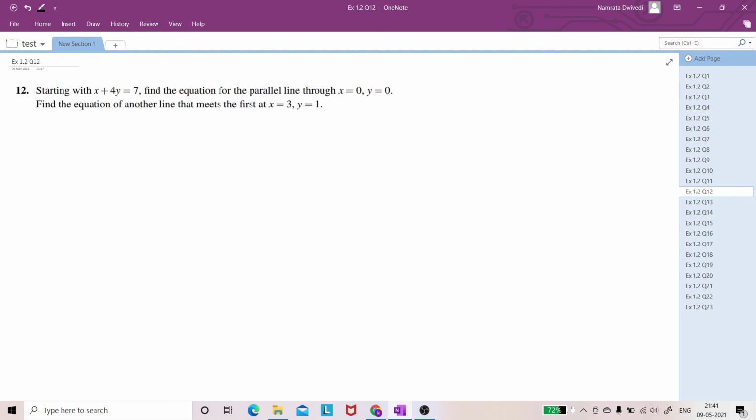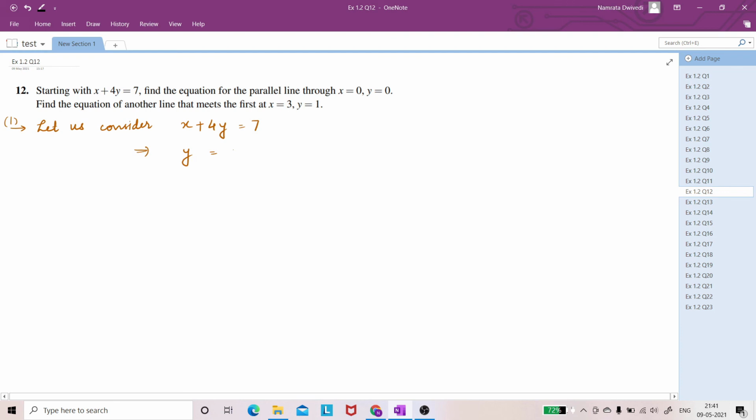No worries, we'll solve it. So let's consider, this is first part. So let us consider the equation x plus 4y equals 7. We can write it in the form of y is equal to, this will be 7 upon 4.